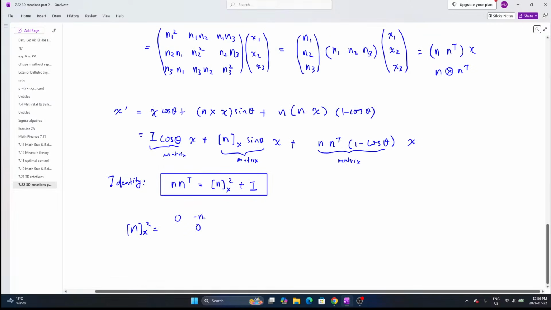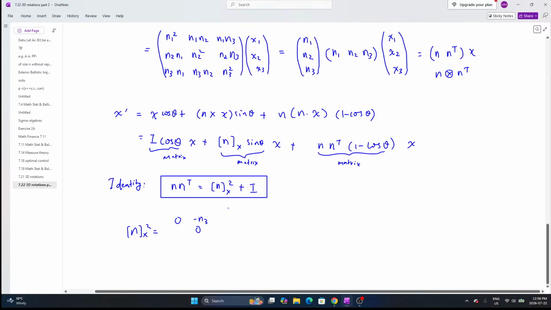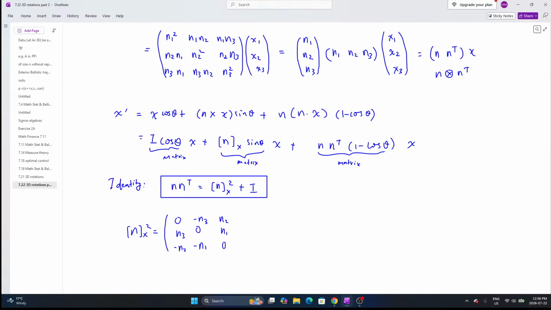You get minus n3, minus n3, minus n2, n1, n3, n1, 0. Multiply that by the same matrix, with n3, 0 and 1.